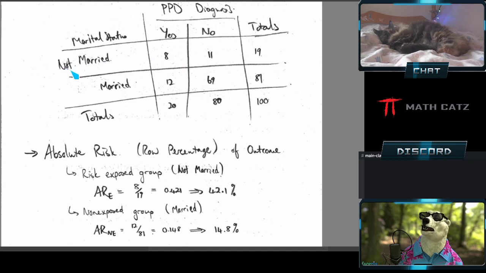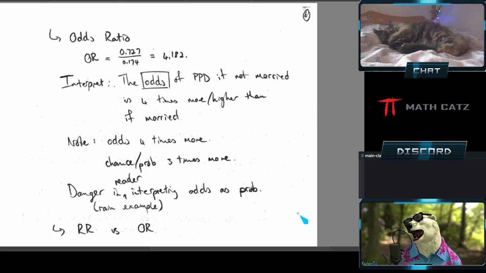If the effect of being married and not married is very small on postpartum depression, then the relative risk and the odds ratio will be very close together, and it really doesn't matter. Like if one says it's 2.8 times worse, and the other one says it's 2.9 times worse, what does it matter? There's no risk in leading the reader astray.